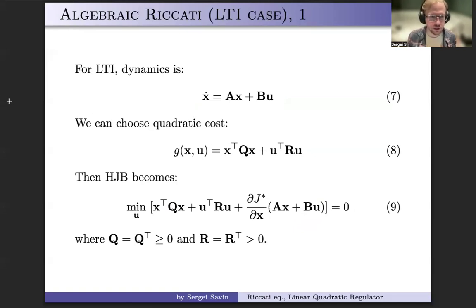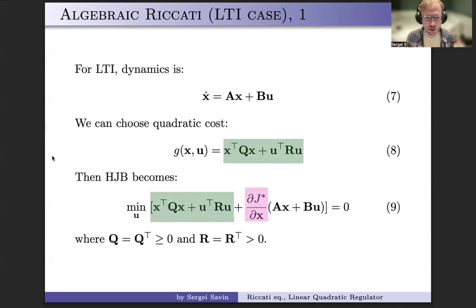So what we have here is the instantaneous cost, and a partial derivative of the optimal cost times f of x.